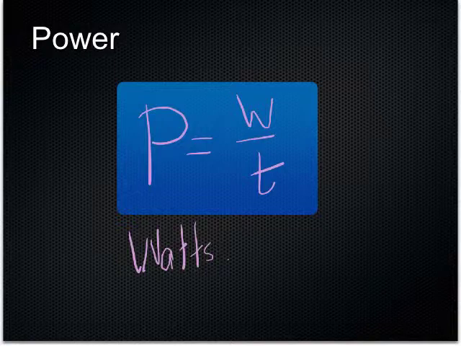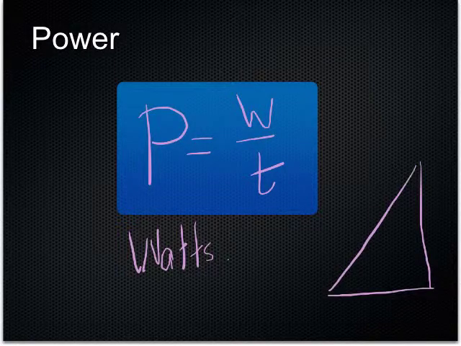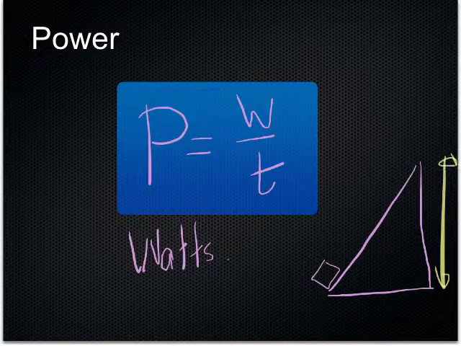So you could do an example where you push an object up a ramp. Let's say the ramp is 10 meters high, and we have a 1 kg box, and we did all this in 10 seconds.